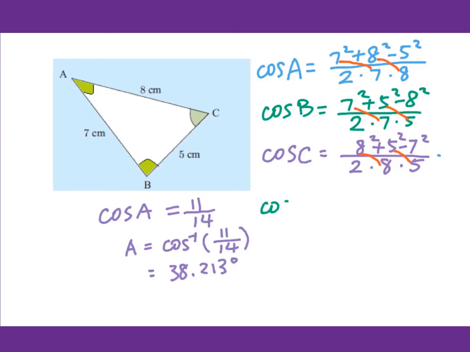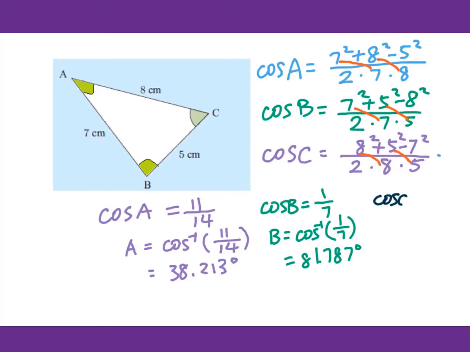For cosine B equals 1 over 7, B equals inverse cosine of 1 over 7, and we get 81.787 degrees.